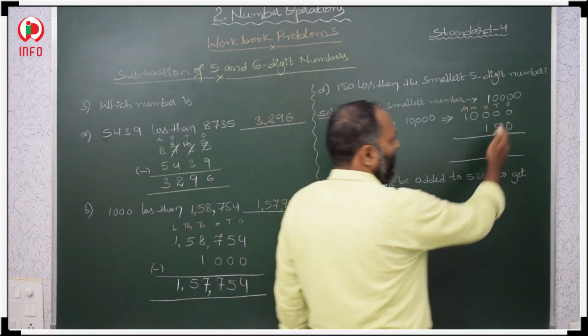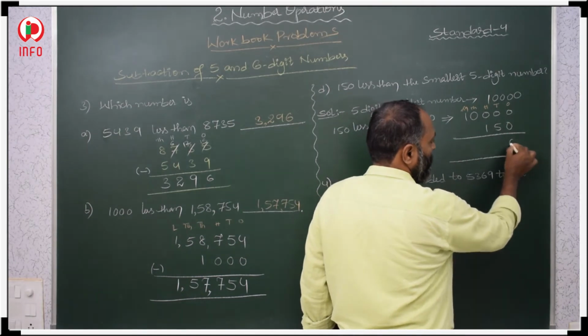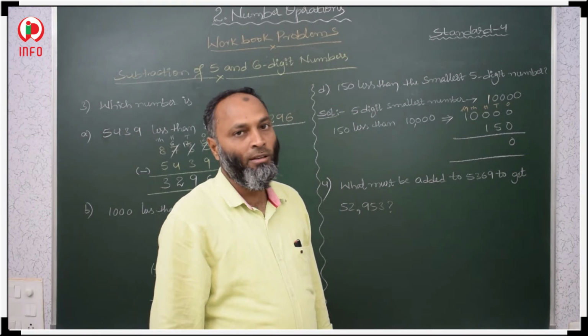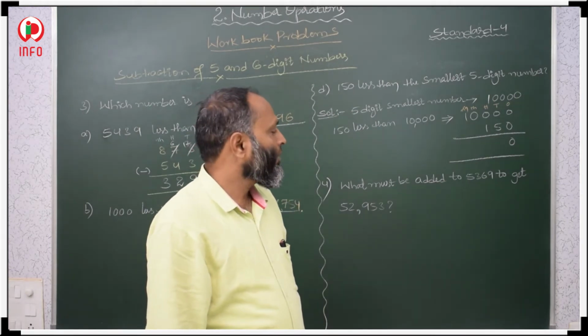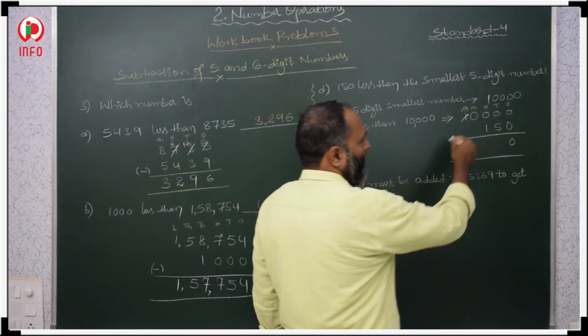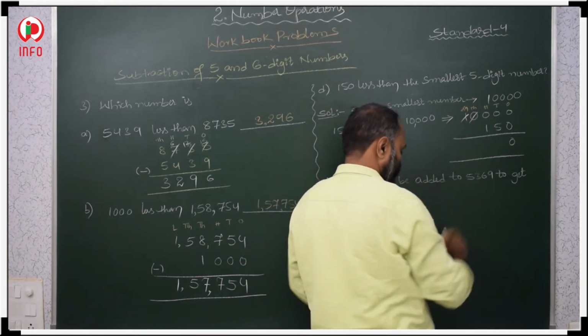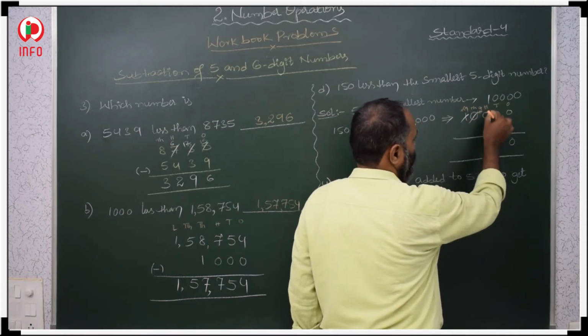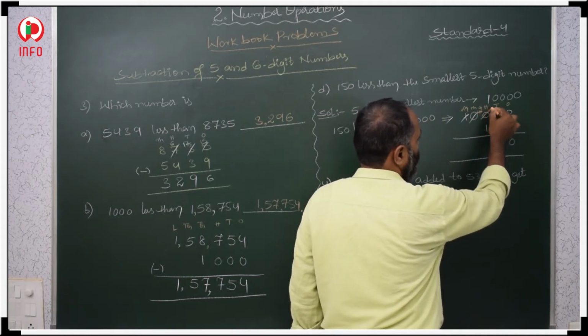Now 0 minus 0 is 0. 0 minus 5. 0 is a smaller number, so it is not possible to take. So first we have to take borrow from here. Here you will get 10. Here you will get 10. Again from here you are getting 9. Here you are getting 10. Again from here 9.